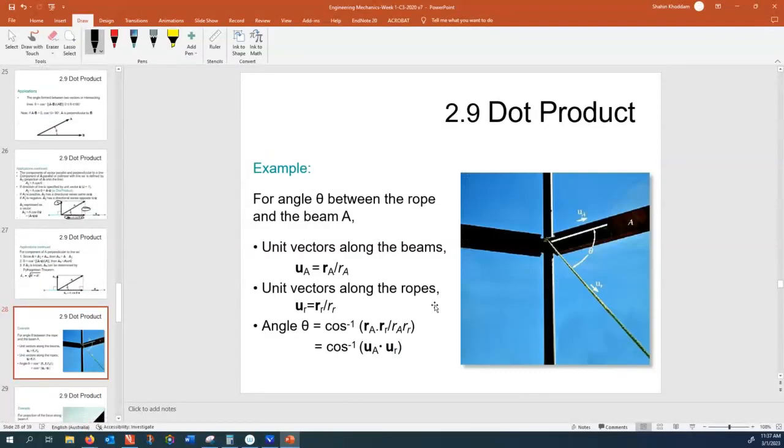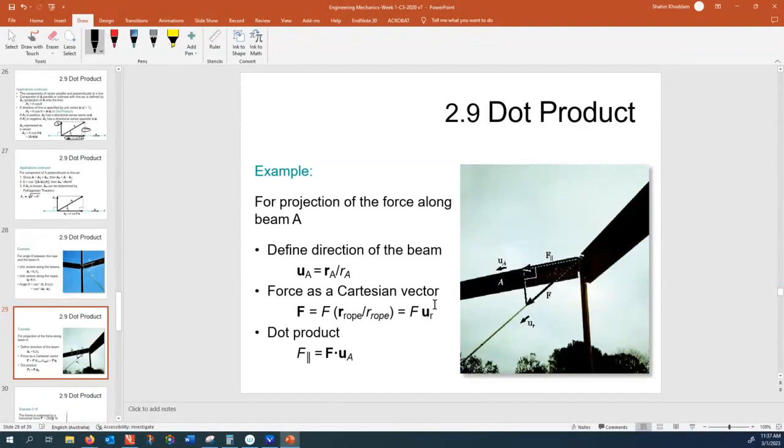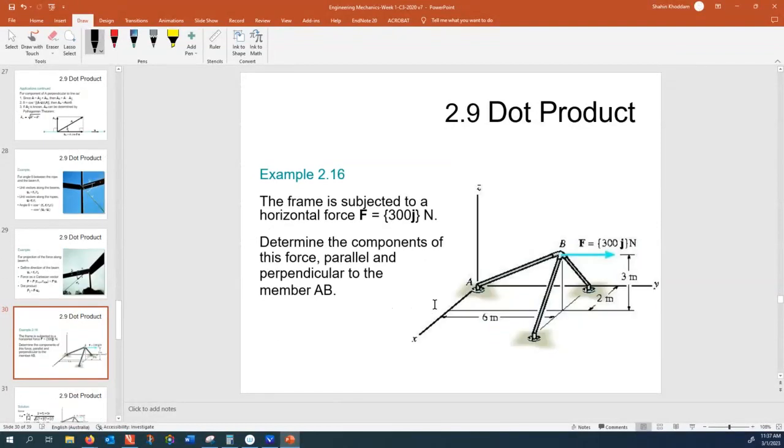All right, here we want to do projections, so let's do this example. In this frame, the force is provided as a vector. It is along the y-axis, so it doesn't have any i component or k component, only j. You want to find its component parallel and perpendicular to AB.